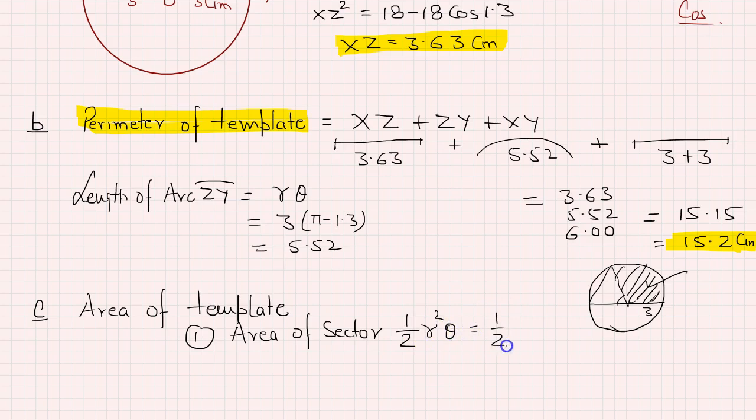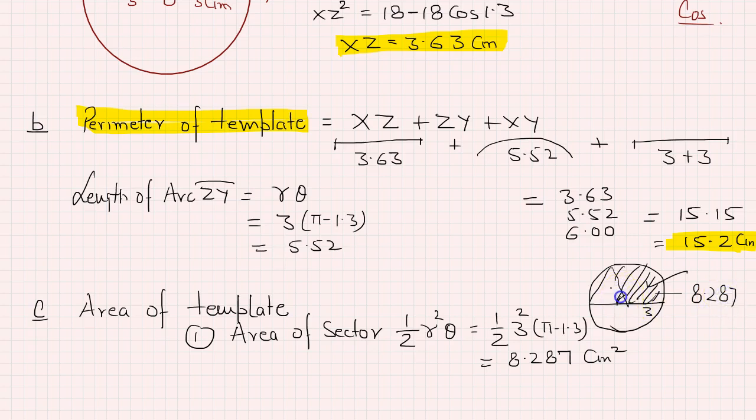So that is half, r square is 3 square, and theta is pi minus 1.3. So this is equal to 8.287 centimeters square.